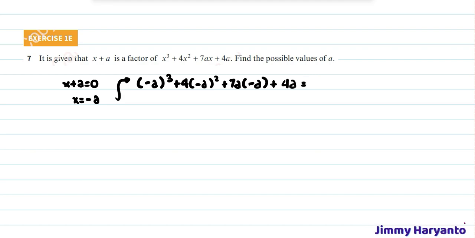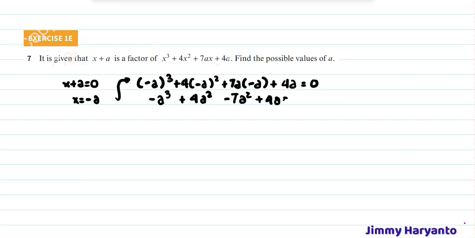And it has to be equal to 0 because the question says factor. For this one, you'll have negative a to the power of 3 plus 4a squared, and then for this one, you'll have negative 7a squared and then plus 4a equals to 0.